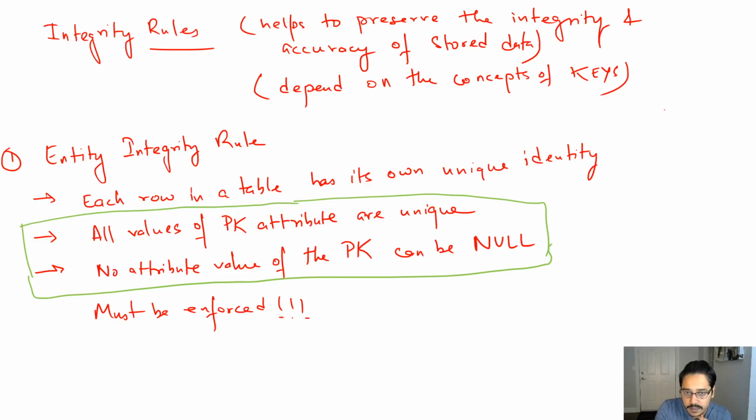Always keep in mind that you select a primary key which has unique values and which cannot be null. This is quite essential. There are ways, when you implement your table, to ensure that whichever column is going to be your primary key, the values are unique and not null. When we get to SQL, we'll discuss more about that.